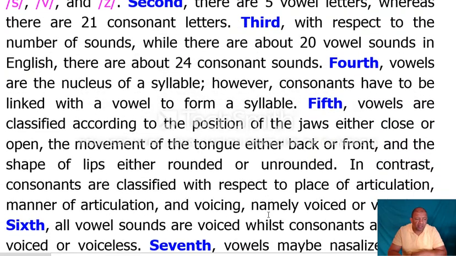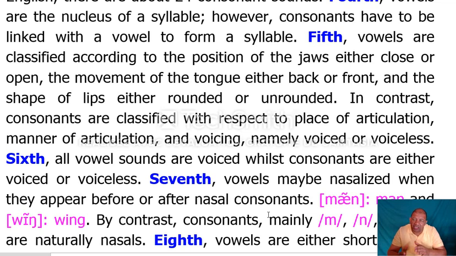Fifth, vowels are classified. So here we are going to see how we can identify and classify vowels and consonants. With respect to vowels, we speak about the position of the jaws, which means either close or open. At the same time, number 2, we speak about the movement of the tongue, which means back or front.